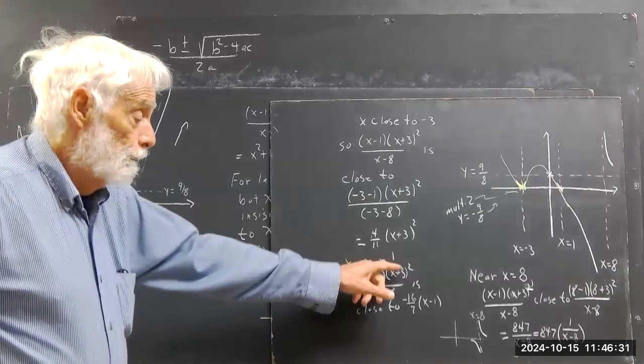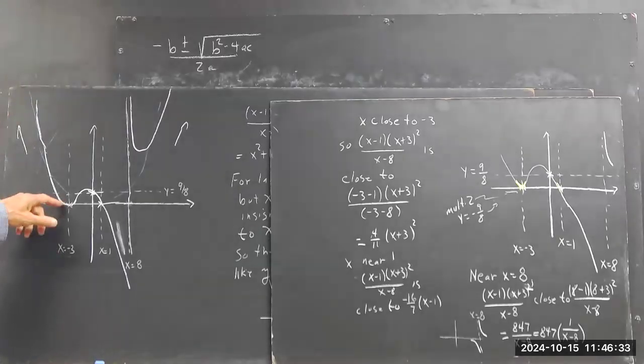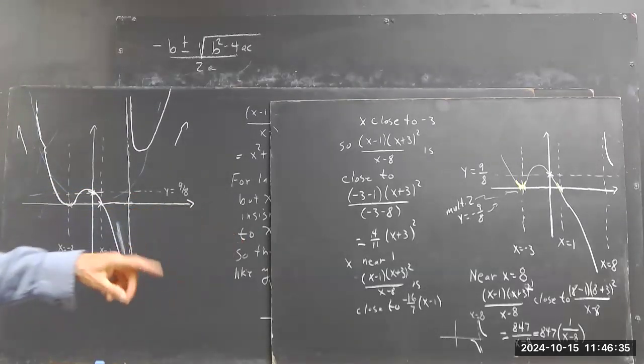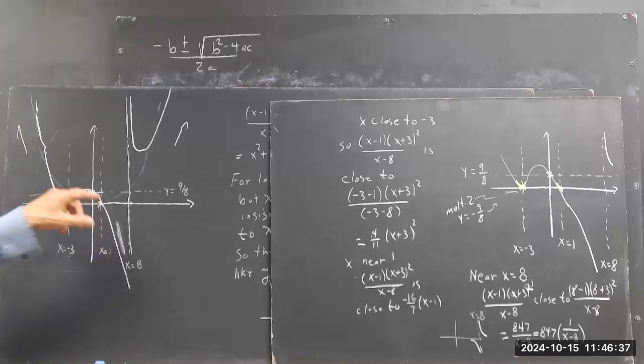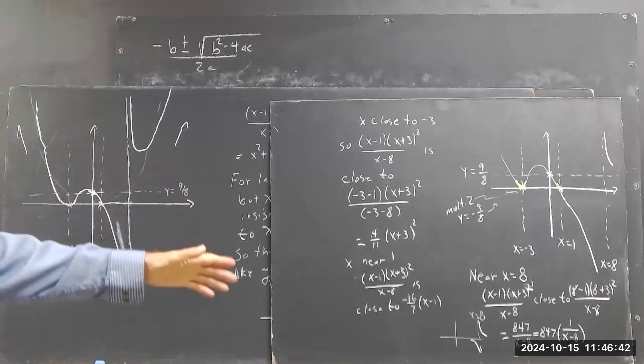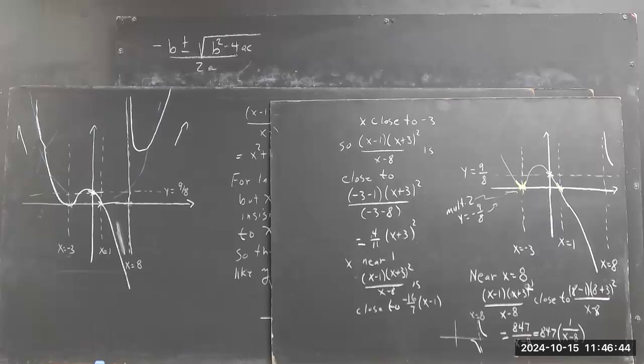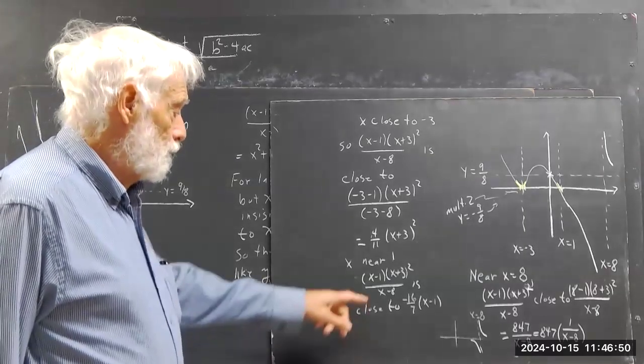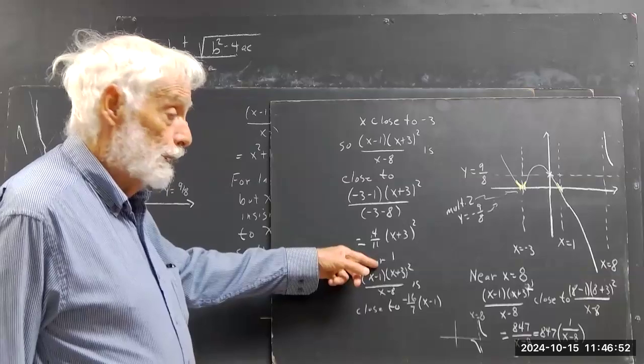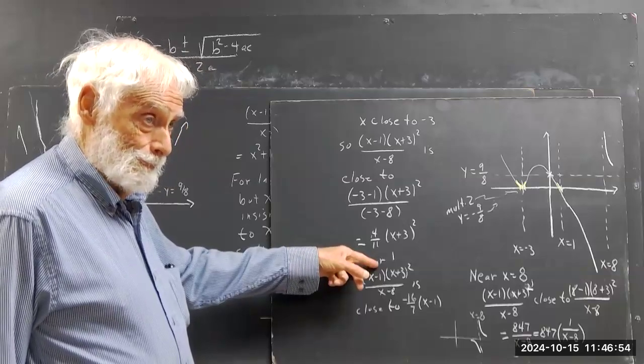Zeros of the numerator give you real zeros, which give you intercepts with the x-axis. Real zeros of the denominator give you vertical asymptotes. Now, sometimes you could have an x minus 8 here and an x minus 8 up here. Okay.